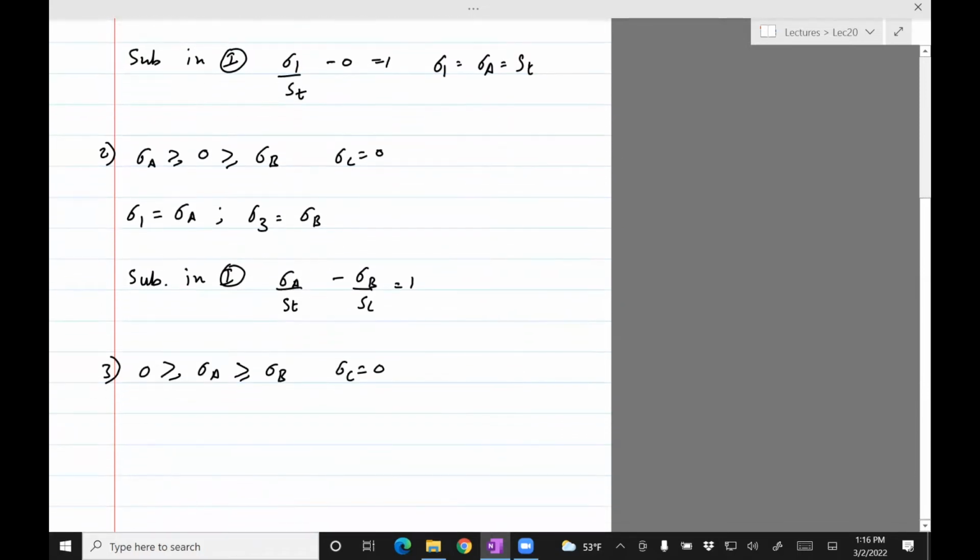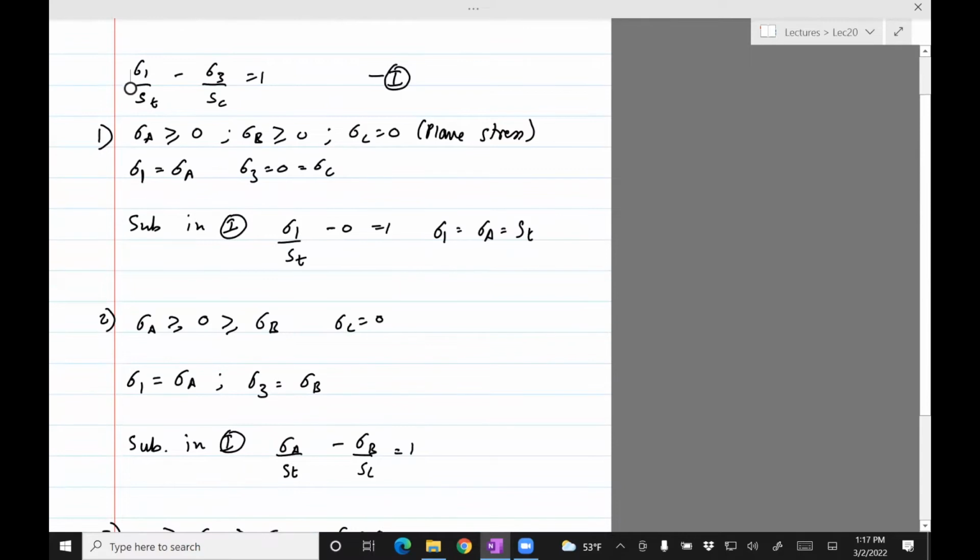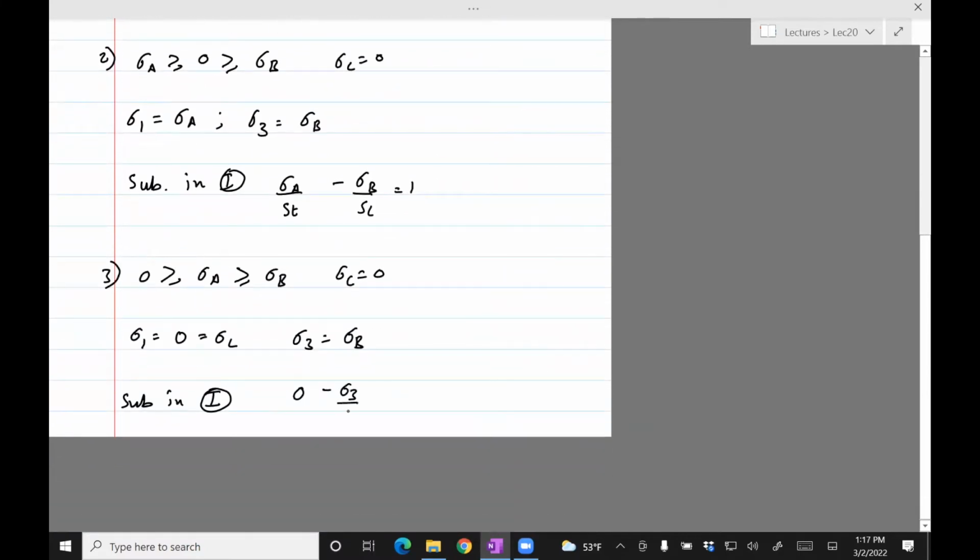Here the maximum stress is going to be 0, that is sigma C, and the minimum stress is going to be sigma B. Substituting in 1, we put 0 for sigma 1 and sigma B for sigma 3, which means sigma B equals minus SC.